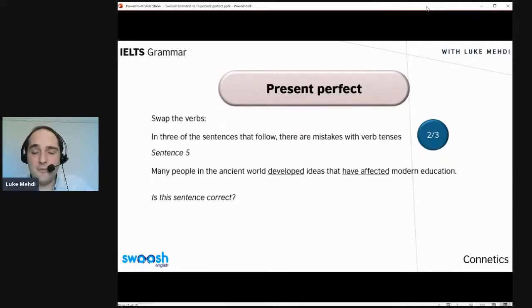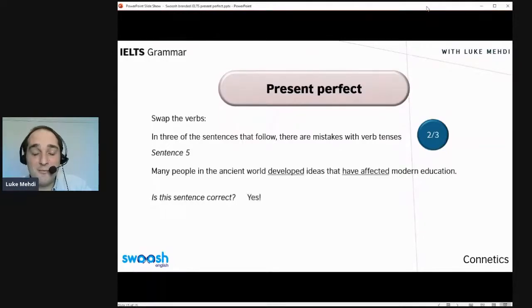What do we think? A bit more difficult, this one. Is this correct? Any ideas? Oh, I think Joyma thinks it's correct.